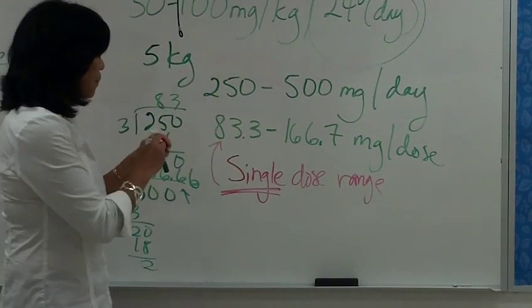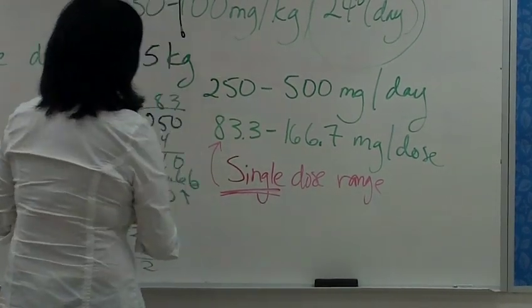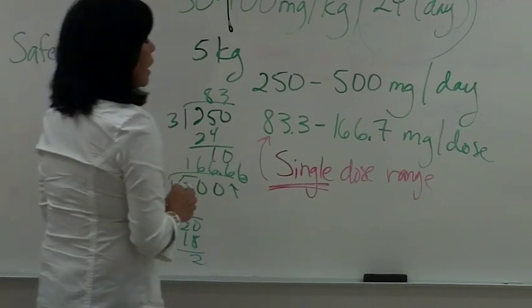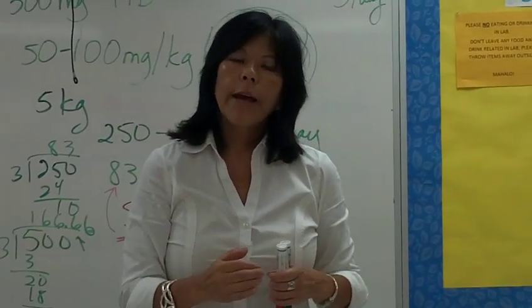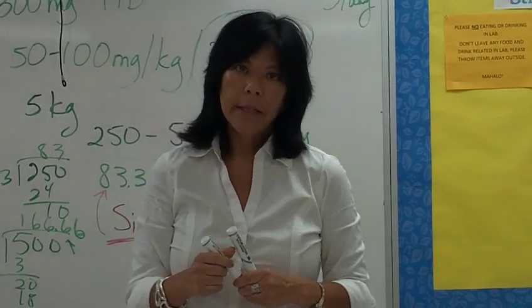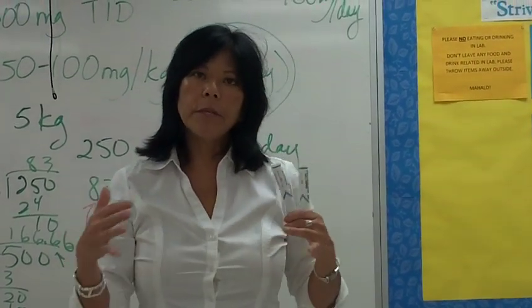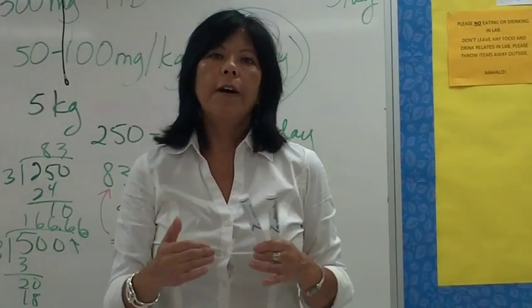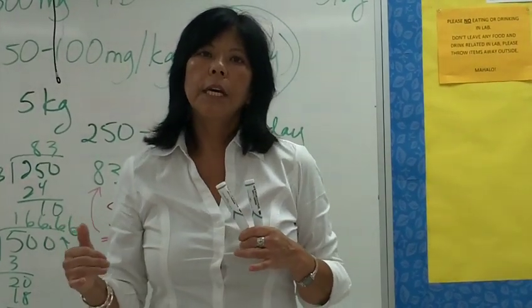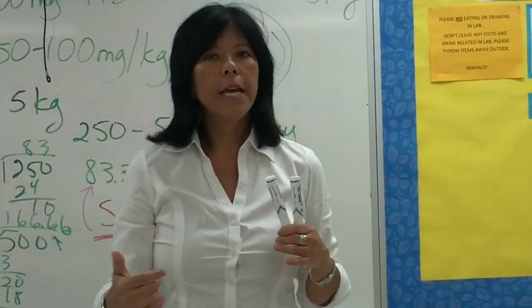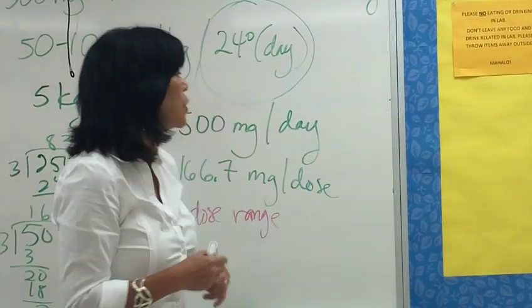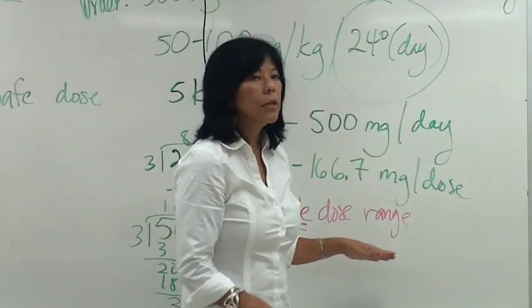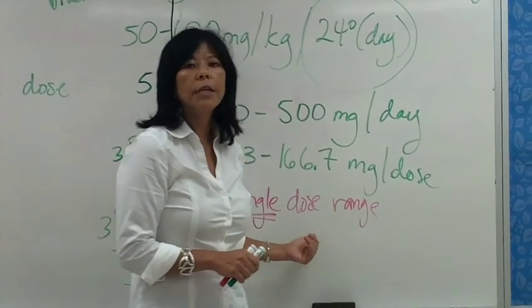Okay, so the other thing I want you to remember to do, on my exams, I have you calculate your kilograms to the nearest tenth. So if you're changing pounds to kilograms and you get 5.33333, you're going to calculate it to the nearest tenth, which will be 5.3. The other thing that you're going to do is when you get to your final answer, you're going to calculate it to the nearest tenth.